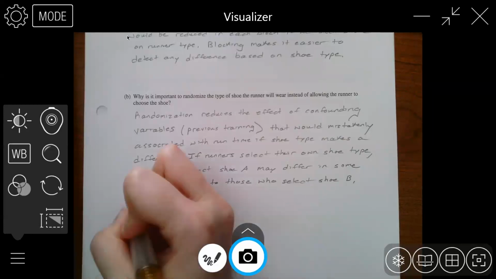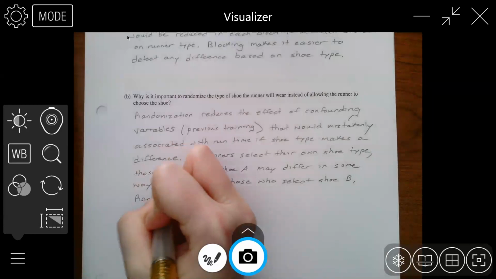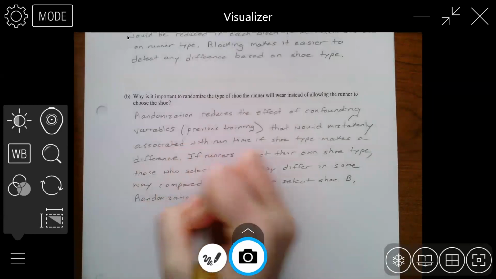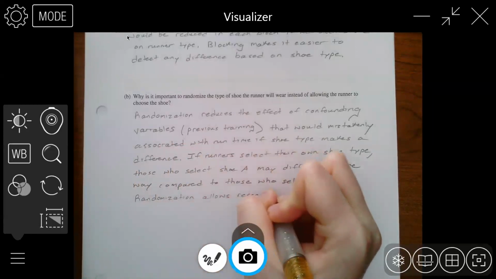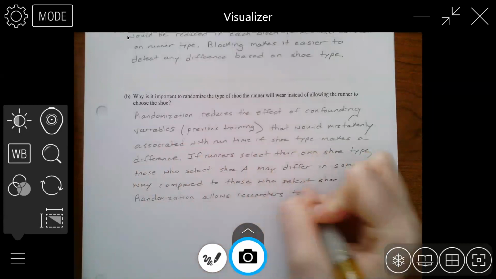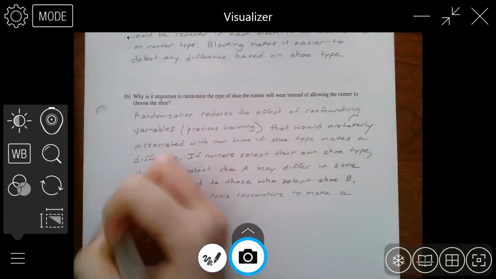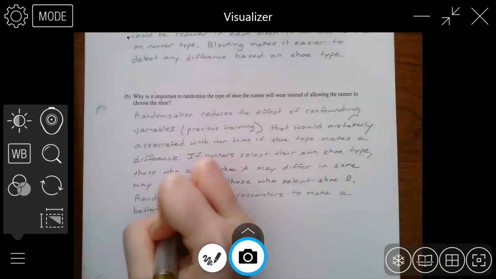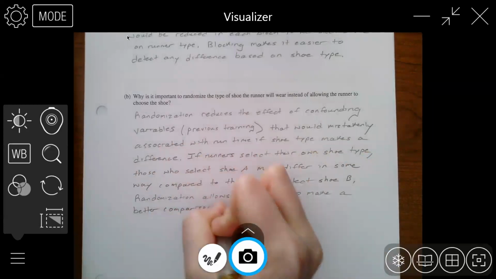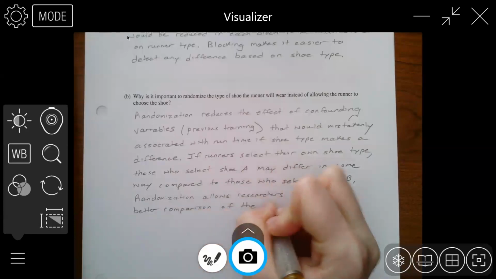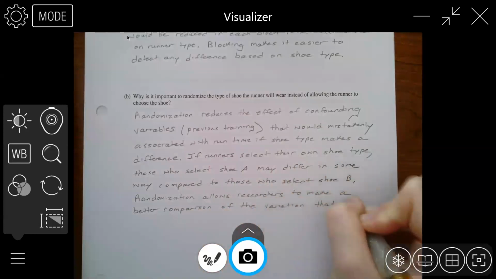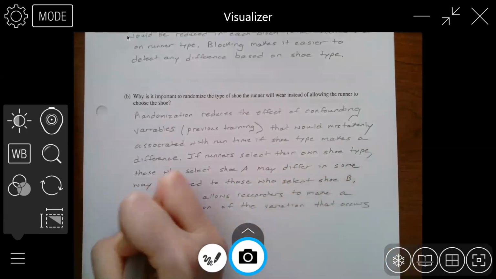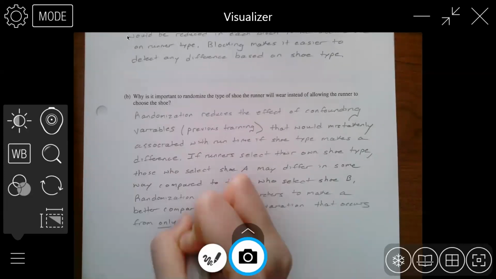So you can say something like the randomization allows researchers to make a better comparison of the variation that occurs from only shoe type.